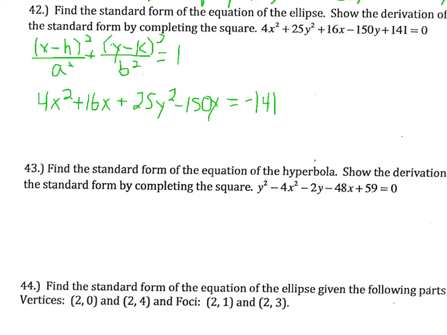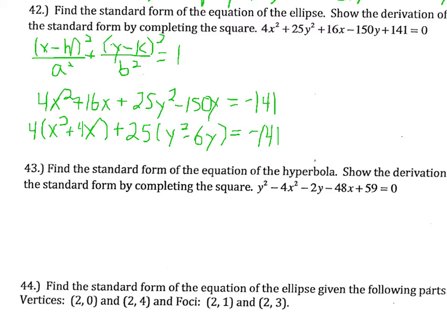Now we want to factor out a 4 from 4x squared plus 16x. And a 25 from 25y squared minus 150. And now we're ready to complete the square for both the x's and the y's. So if we complete the square for x squared plus 4x, we're going to add a 4 inside the parentheses.